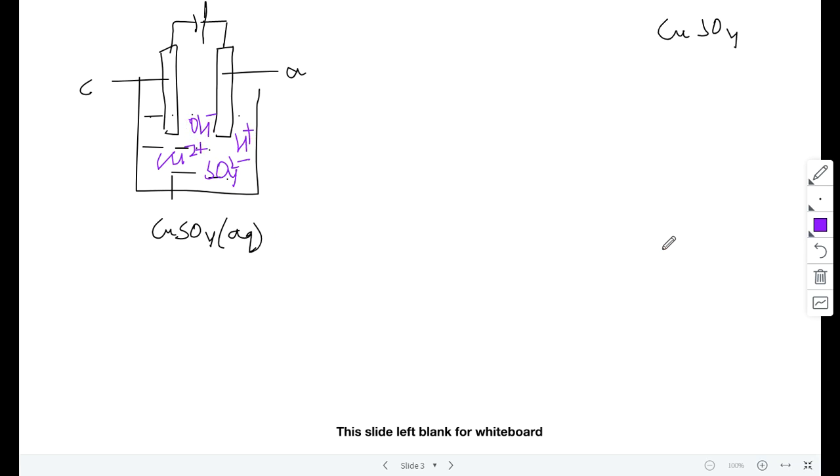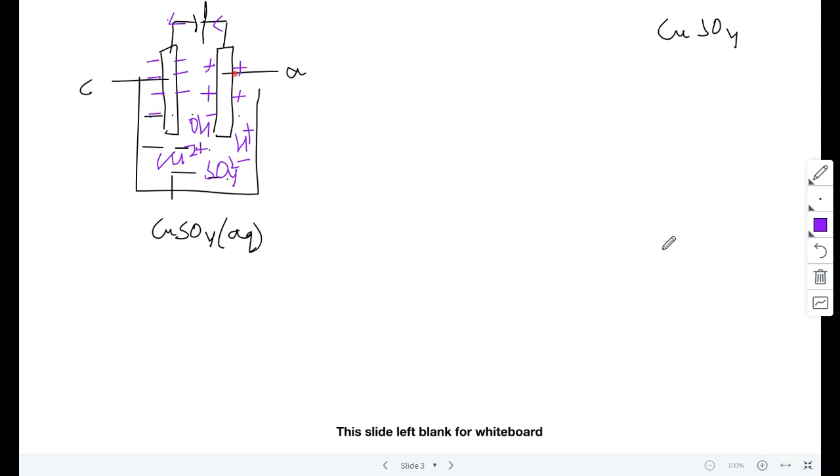OH negative. You understood? Yes, because it is dissolved in water. So if you see, these many ions are there. Now see what happens is, if this is cathode, this is anode, and at the cathode, the electrons are there. So this is negative charge. That means if negative charge is there, all the positive will go this side, right?